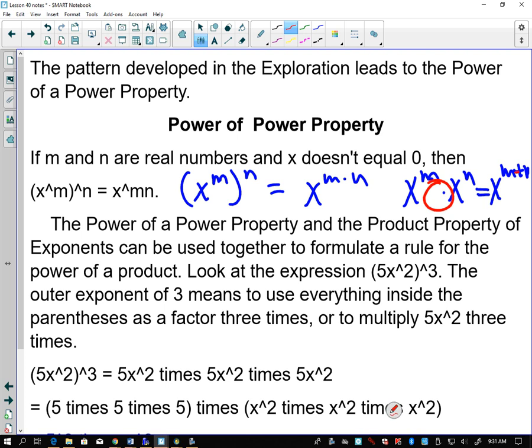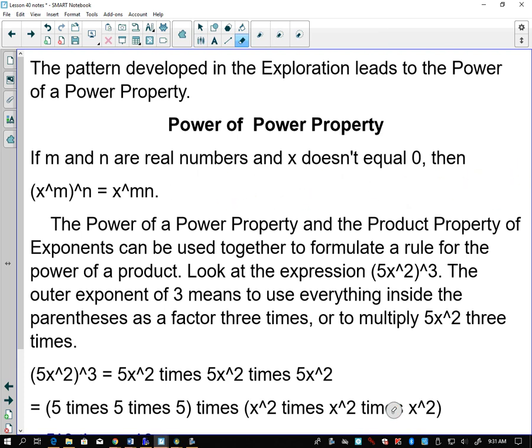The power of a power property and the product property of exponents can be used together to formulate a rule for the power of a product. If we look at the expression, I'll write it so it looks a little more like we're used to.